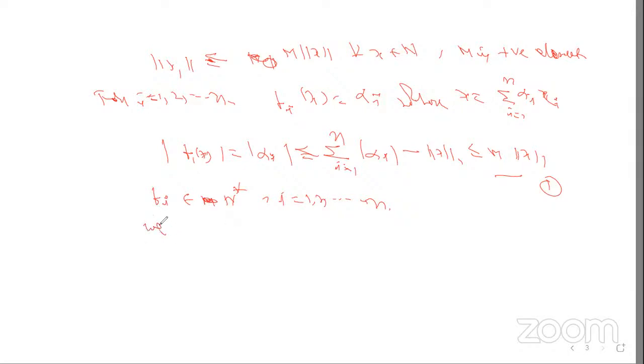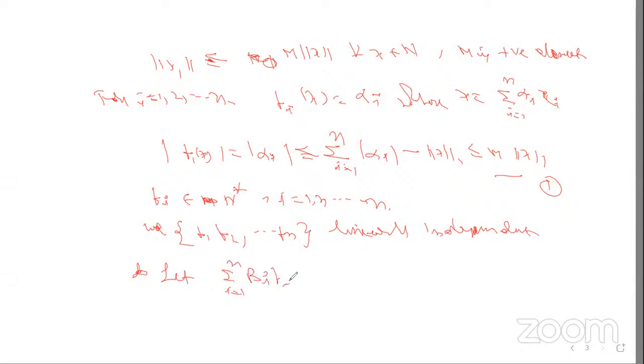Now we need to prove f1, f2, ..., fn are linearly independent. For that purpose, what will we do? Let us assume the sum from i equal to 1 to n of beta i fi equal to 0. Here, what is beta i?